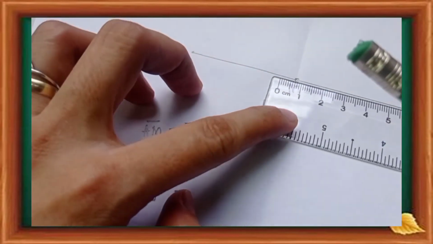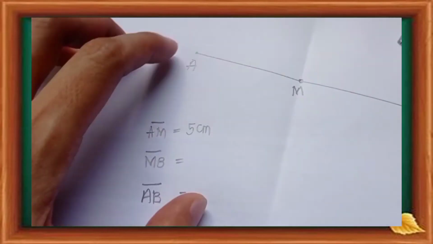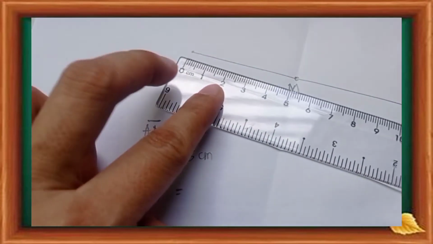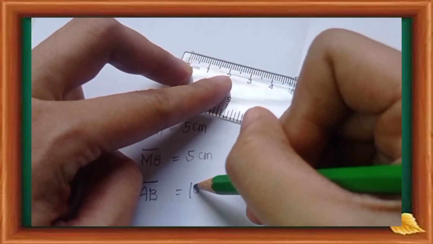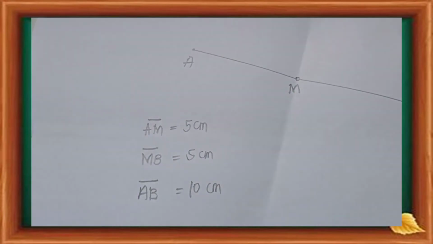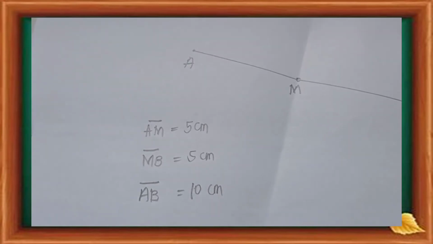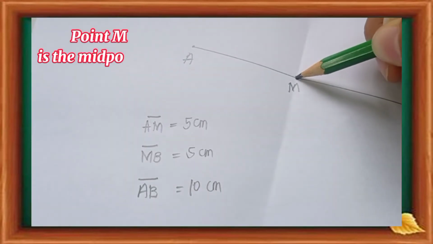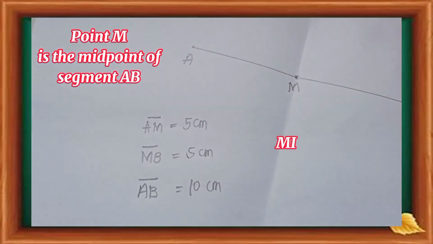It is also 5 centimeters. And segment AB is 10 centimeters. So what have you observed? Point M is the midpoint of segment AB.